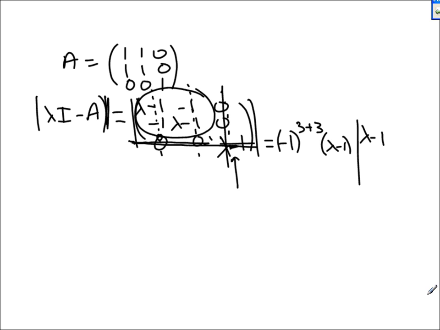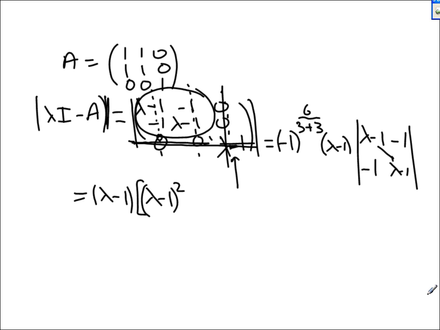Lambda minus 1, minus 1, minus 1, lambda minus 1. Negative 1 to the 6 is positive 1, times lambda minus 1, times the determinant: the product of those two entries, lambda minus 1 times itself, minus the product of these two, which is 1.